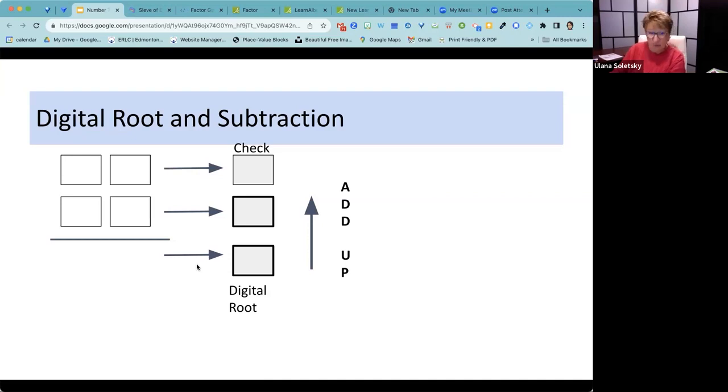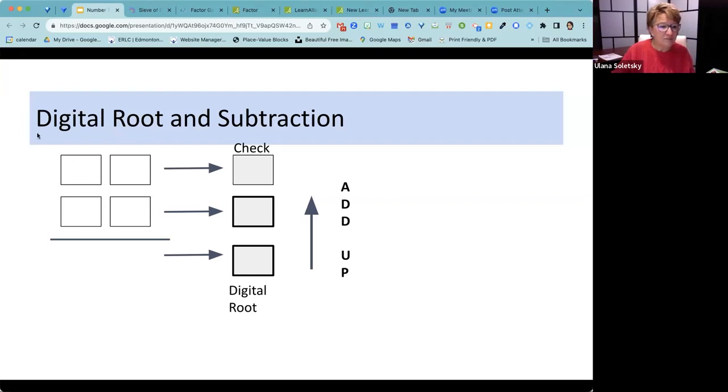What is the digital root of 75? 7 plus 5 is 12, but we need a number between 1 and 9, so we have to make sure we add 1 plus 2 together and we get 3. So 3, I'm going to go, I need to get my drawing tool out here. I'm sorry. Draw.